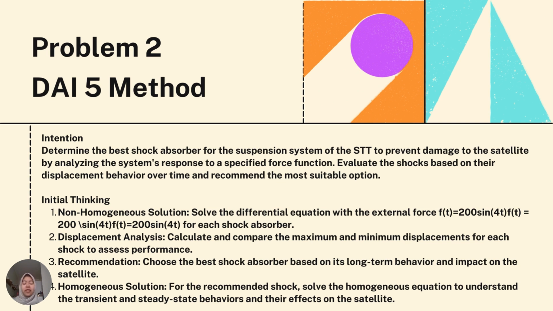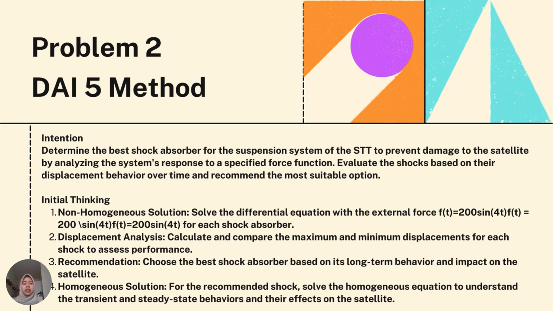We evaluate each shock based on its displacement behavior over time and recommend the most suitable option. So the second problem is that we choose the shock based on its displacement behavior. We have four initial thinking steps.